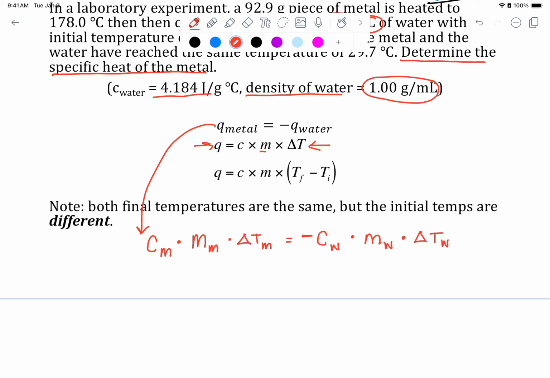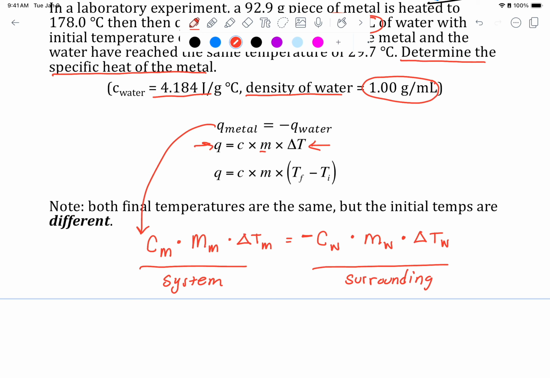So we're not just using our heat equation for just those three variables. Instead, we're taking those three variables and setting them equal to each other because of the law of conservation of energy, where we're saying all of the energy has to be exchanged from our system to our surroundings.